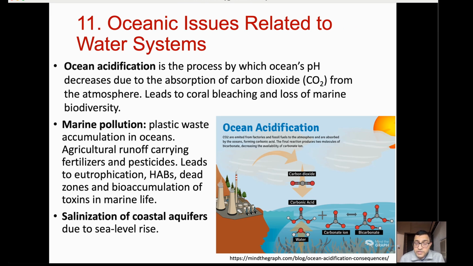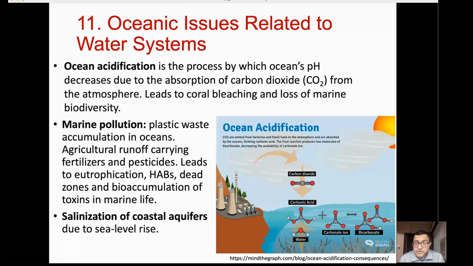One of the final global issues that we're going to look at is the oceanic issues related to water systems. Ocean acidification, that we have talked about before in the previous courses, is a process by which the ocean's pH decreases. That means the acidity increases due to absorption of carbon dioxide from the atmosphere.